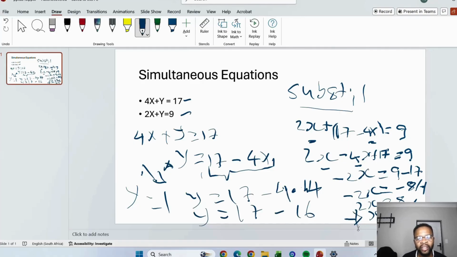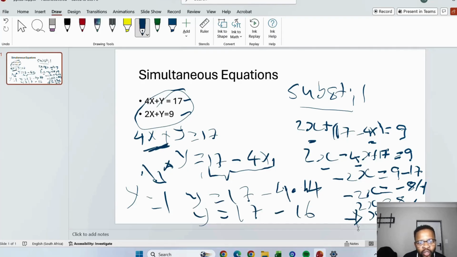And just to break down all the steps again, we firstly chose to make x or y the subject of the formula, and then we decided to use y because y was easier to make the subject of the formula.